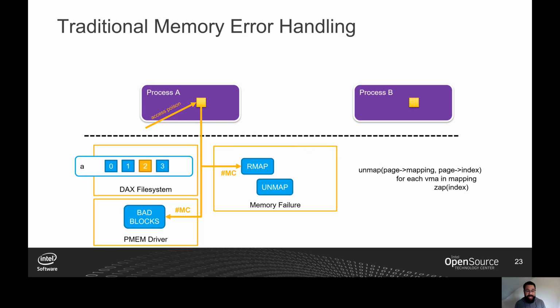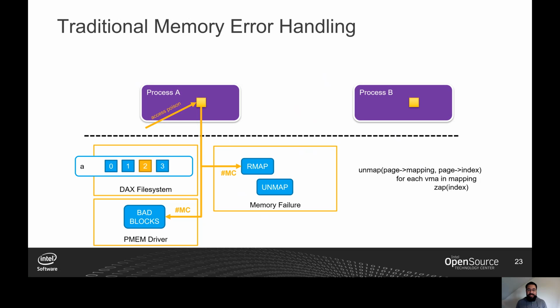Let me record where that poison is located, so that people can look up where that is in the future, and go scrub it and correct it if they need to. It also notifies the memory failure handling code to say, okay, this process has consumed poison. We need to take care of it.